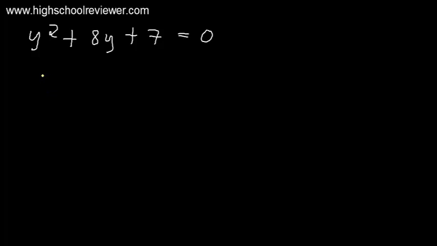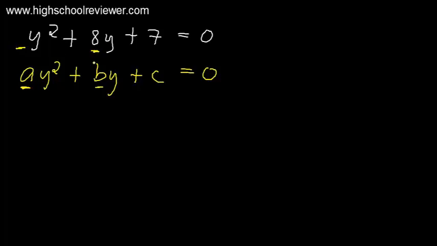So the quadratic equation is of the form a y squared plus b y plus c equals 0. So the letters a and b represent the numerical coefficients of the first and the second terms, while the c here represents our third term or the constant.